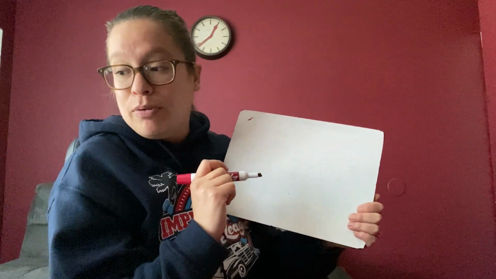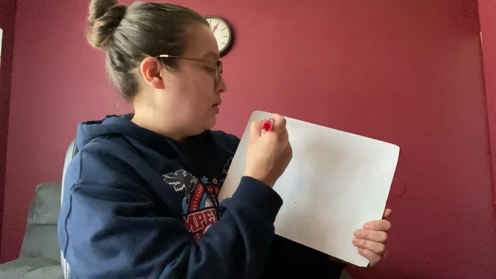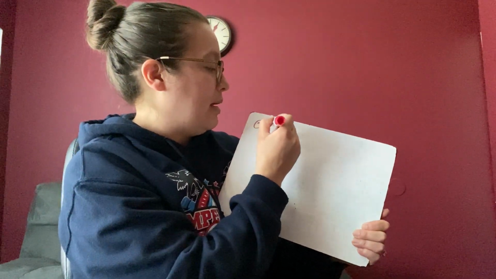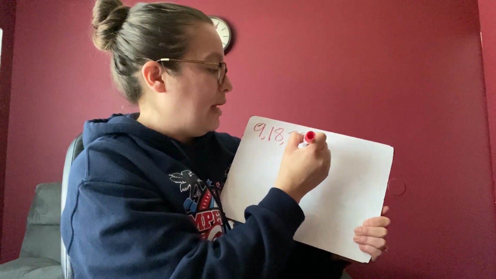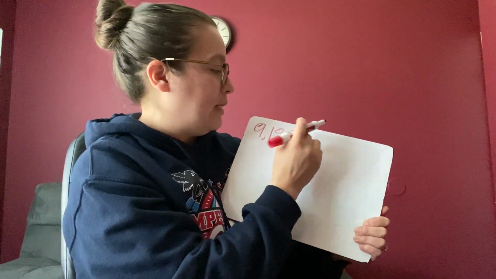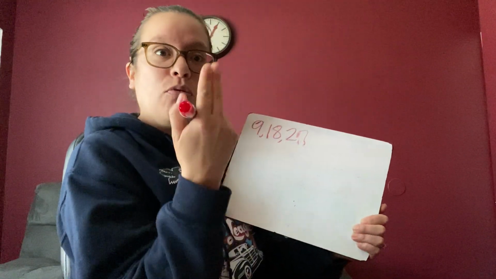All right, letter B. List the 3rd, 4th, and 5th multiples of 9. Well, I can do this 2 ways. I can do this: 9, 18, 27, sorry. I can do that, or I can just multiply it, right?